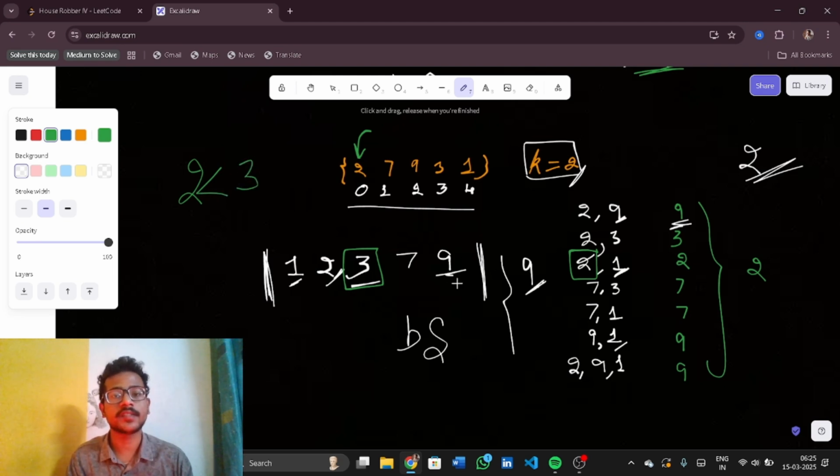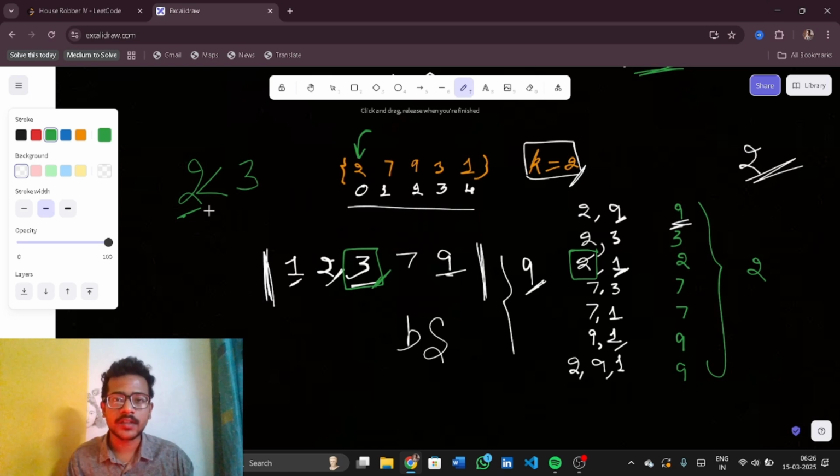As I said, 3 is the maximum from all the answer values. I am taking 3. Now the remaining houses should have 2. So 2 is the house I am taking. I am considering 2 since it is lesser than 3.